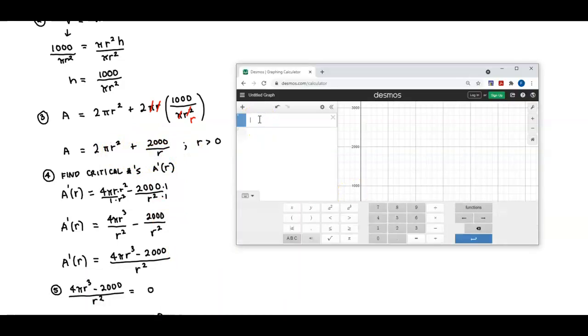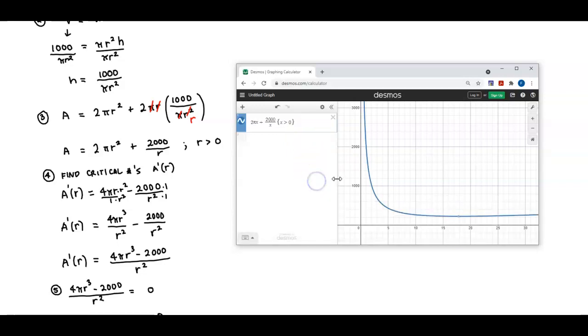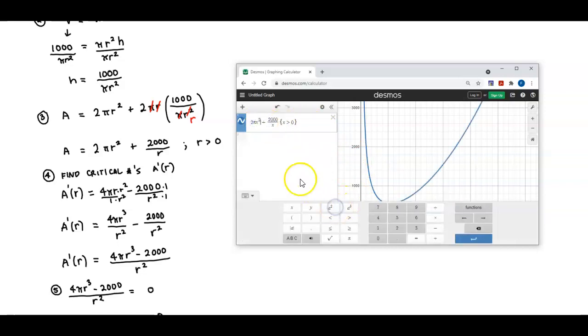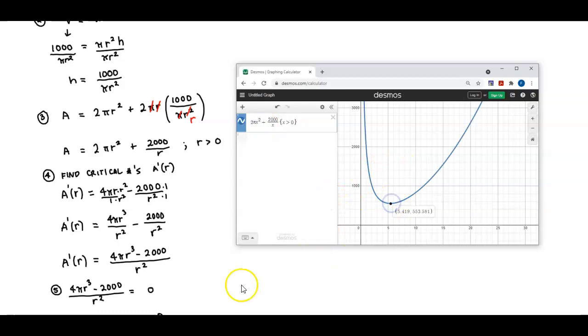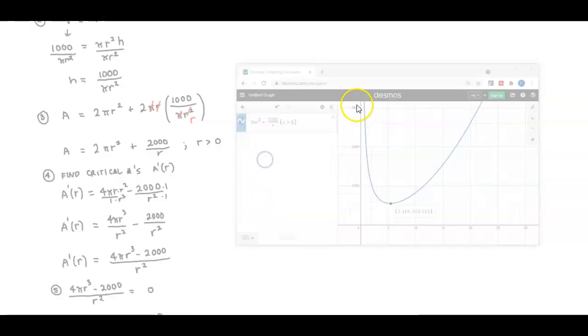We're going to put in 2 pi x, plus 2000, and then we're dividing that by x, and we also know that r has to be greater than 0, so x has to be greater than 0. And that should be squared. Okay, so here's our graph. Let's take a picture of that.